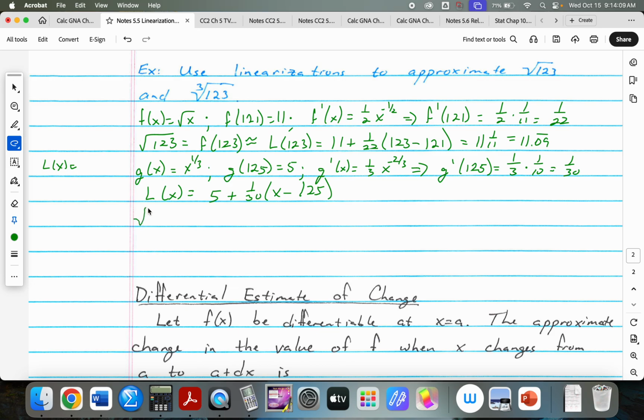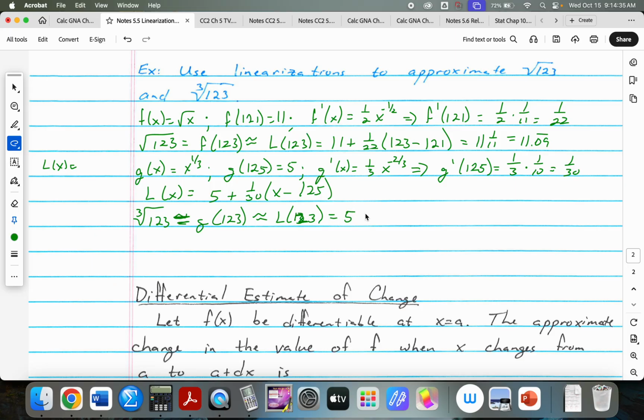So the cube root of 123 is going to be equal to g of 123, which is approximately equal to L of 123, because our linearization approximates the value of the function.